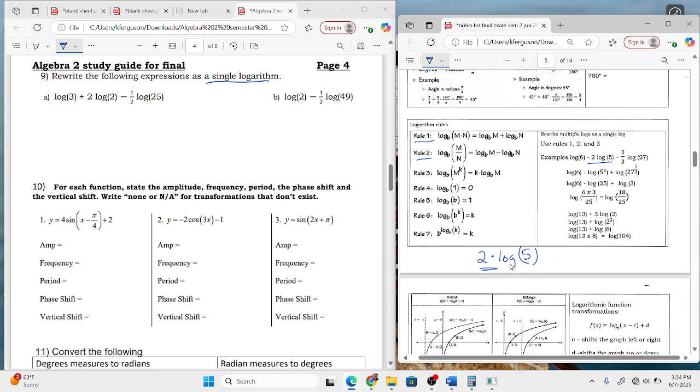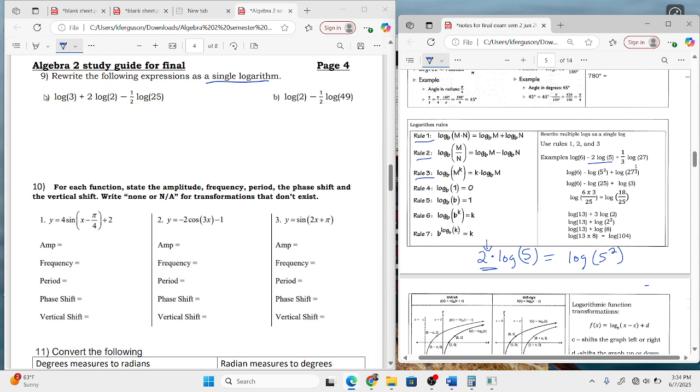When I have a number in front of my log that's being multiplied, I can take that and change that to an exponent of what I'm taking the log of. So log of 5 to the second power. That's my third rule. So I'm going to use that.